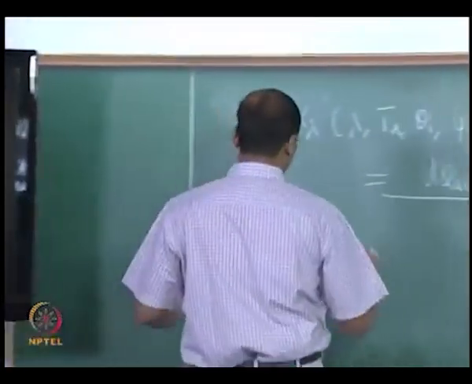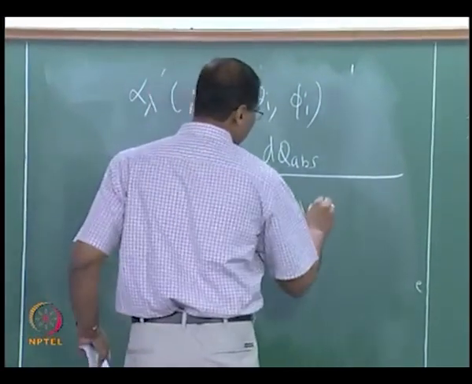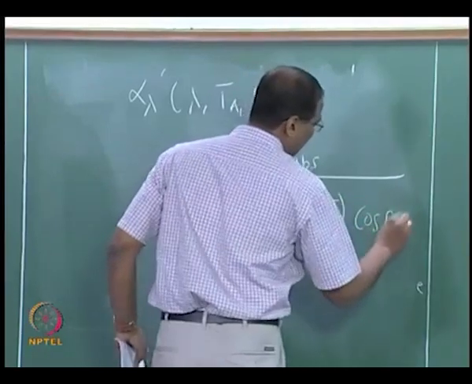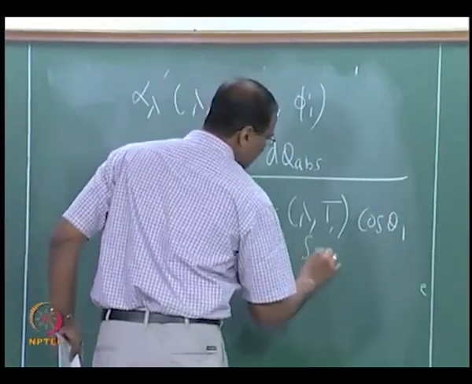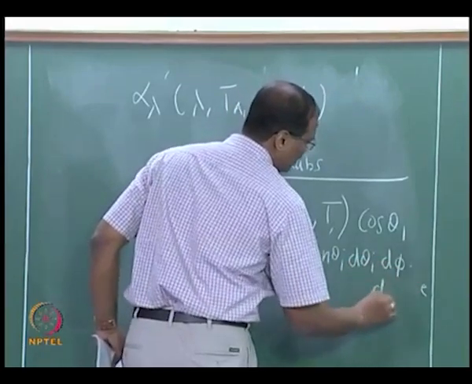Incident is I lambda I multiplied by all those things. Can you tell me? I lambda I, lambda, T multiplied by cos theta I, sin theta I, d theta I, d phi, d lambda.